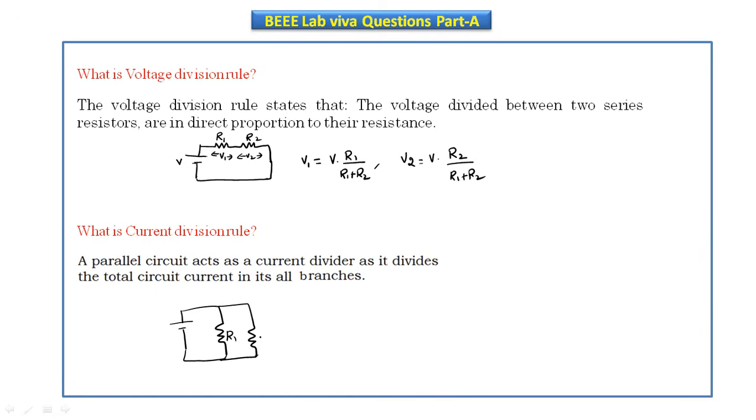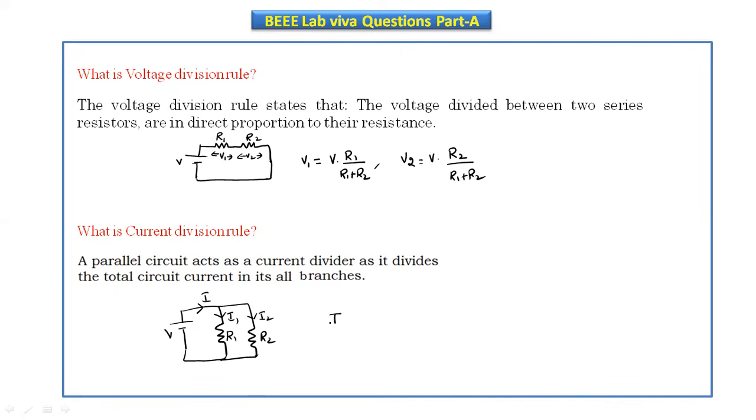Assume they are R1 and R2, the supply voltage is V, and the total current is I. I1 is the current passing through R1 and I2 is the current passing through R2. The current I is divided into two parts, I1 and I2. We need to find these dividing currents by using the current division rule.